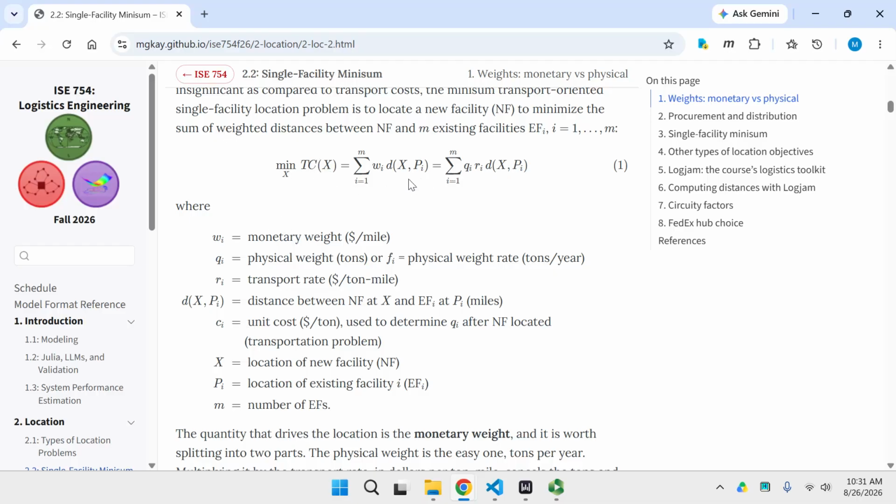Here's a finer resolution of what the monetary weight is actually composed of. Well, it can be conveniently broken into two components. The first is the physical weight, which is in tons, and then the second is what's called the transport rate. And the transport rate is given in units of dollars per ton mile.